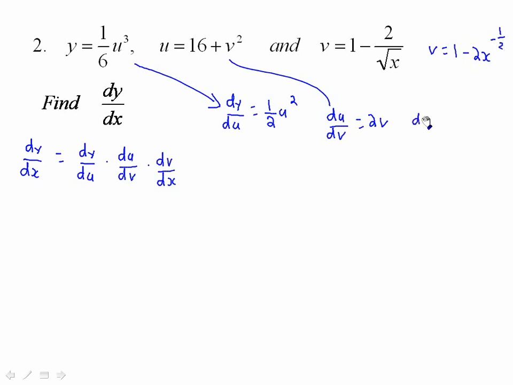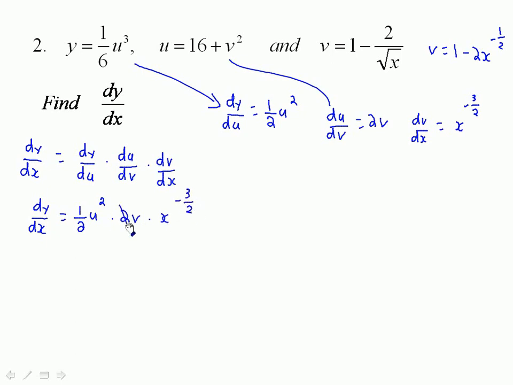So dv dx will be equal to negative 2 times negative 1/2 is 1, and then x to the negative, which is good, and then this becomes positive 1, and then subtract 1 from the exponent gives you negative 3 over 2. So now it goes right back to the chain rule proper. So dy du is 1/2 u squared times du dv, which is 2v, times x to the negative 3 over 2.